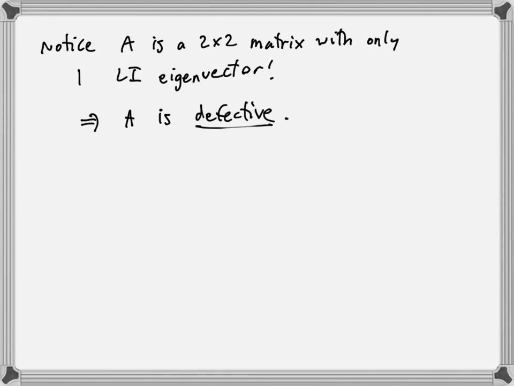So now we've seen this word and we understand what it means. We will define it formally later, okay? But the point is that we're going to learn that this is called having a complete set of eigenvectors. If you have a complete set of linearly independent eigenvectors, meaning you have n of them, A is going to be called non-defective. And if you do not have enough eigenvectors, then A is called defective.